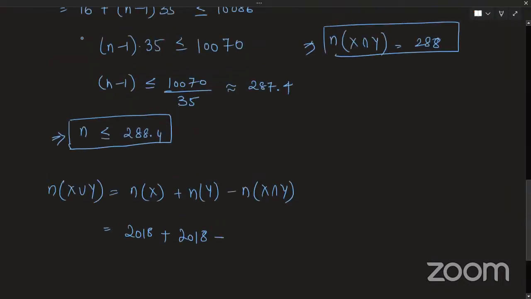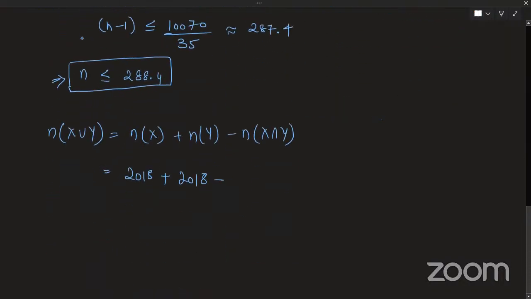And now I have calculated n of x intersection y, 288. Can you help me find the final value? 3748, correct.